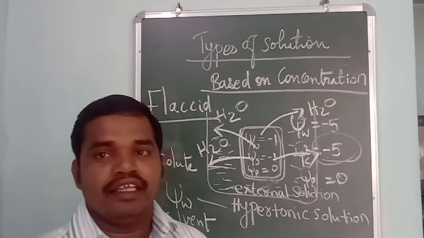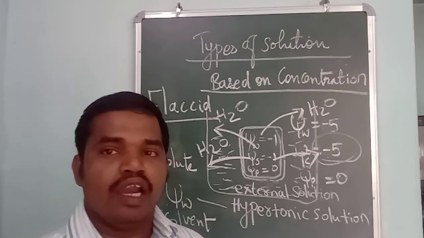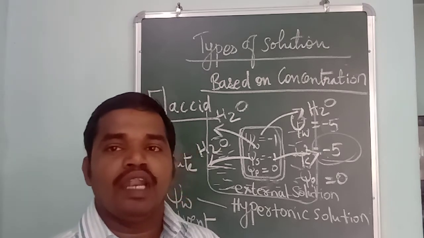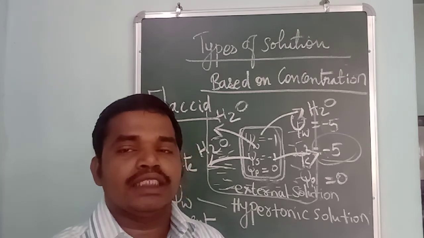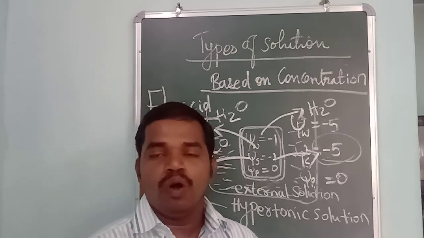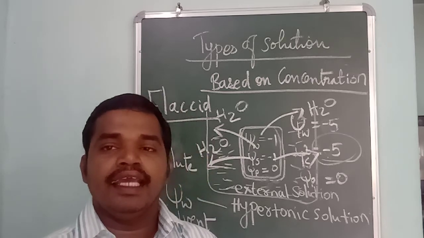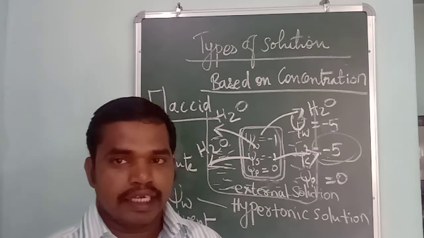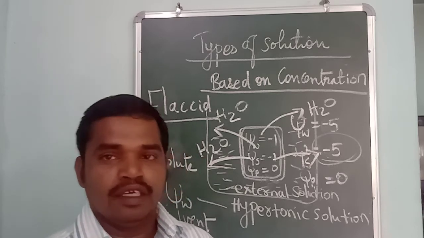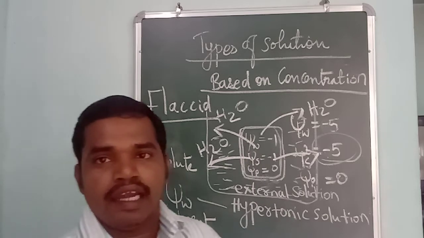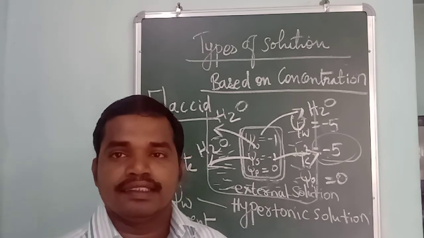This shrinkage of the cells, we call it a plasmolysed cell. What is the meaning of plasmolysed cells? Plasmo means plasma, lysed means breakdown of the plasma membrane. Flaccid cells lead to the condition called plasmolysed cells.